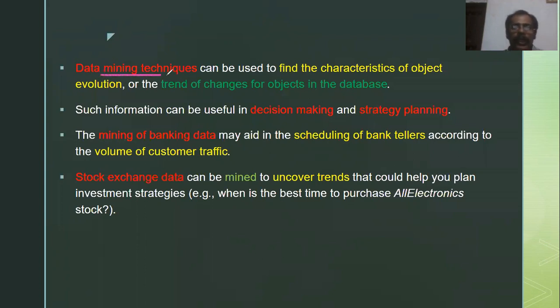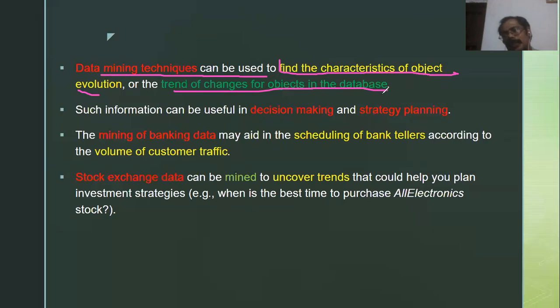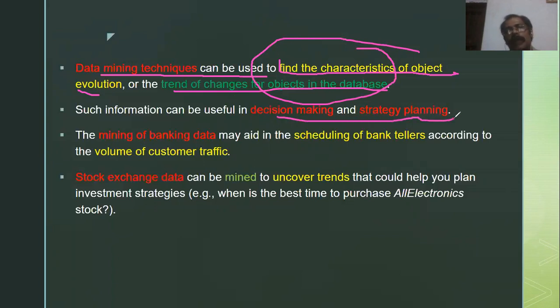Data mining can be used to find the characteristics of object evolution, and to find the trend of changes for objects in the data. This information can be useful in decision making and strategy planning.